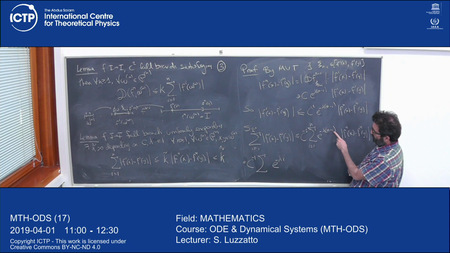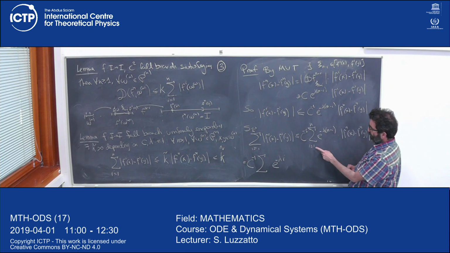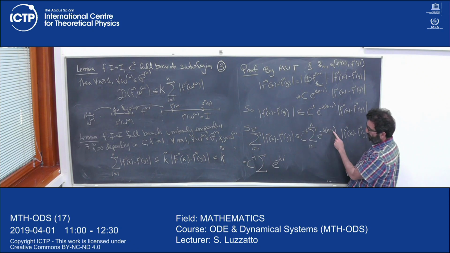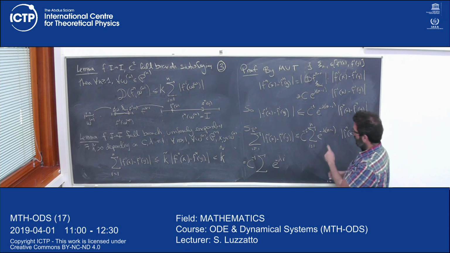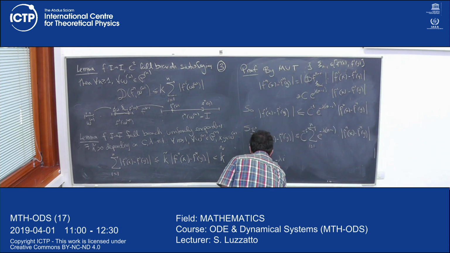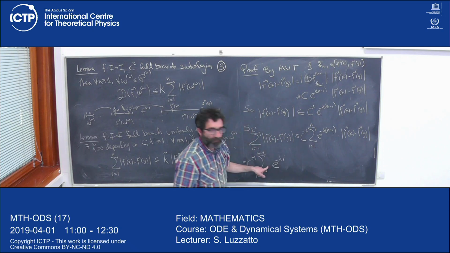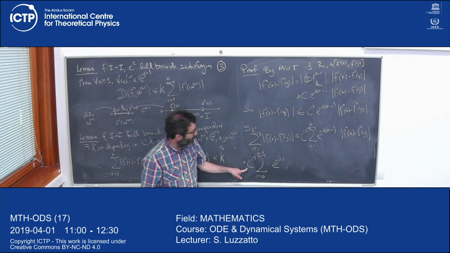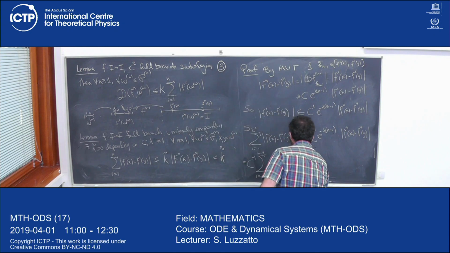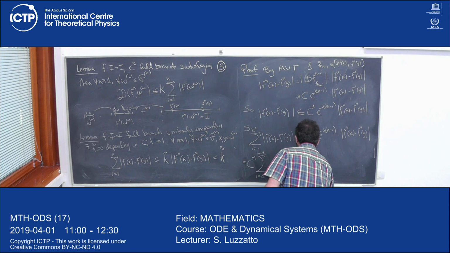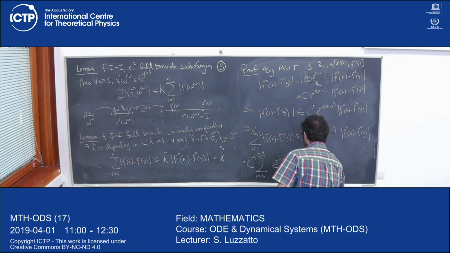I can write it like this, because when i is equal to 1, this is n minus 1, and when i is equal to n, this is 0, right? So this is just i equals 0 to n minus 1. This is the same sum times |f^n(x) - f^n(y)|.